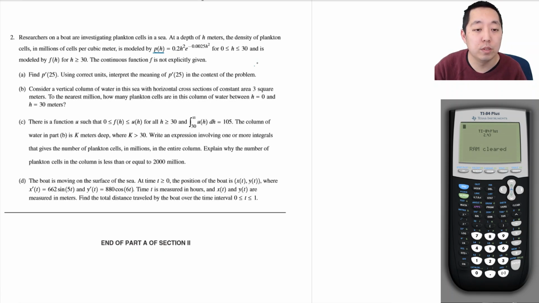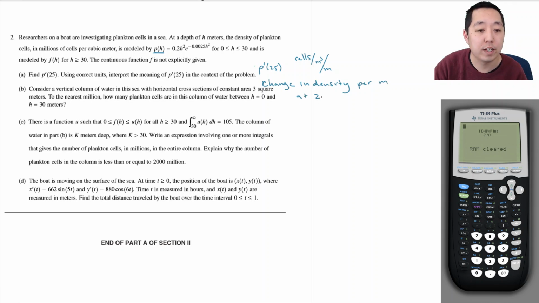So the units of this are cells per cubic meter per meter, right? And what this represents is the change in density per meter at 25 meters.